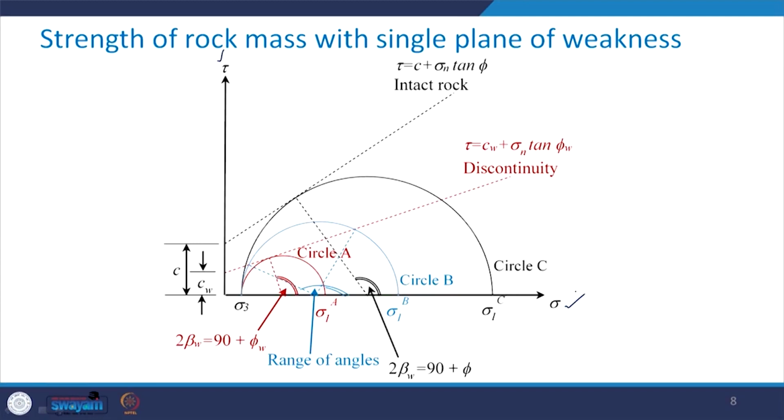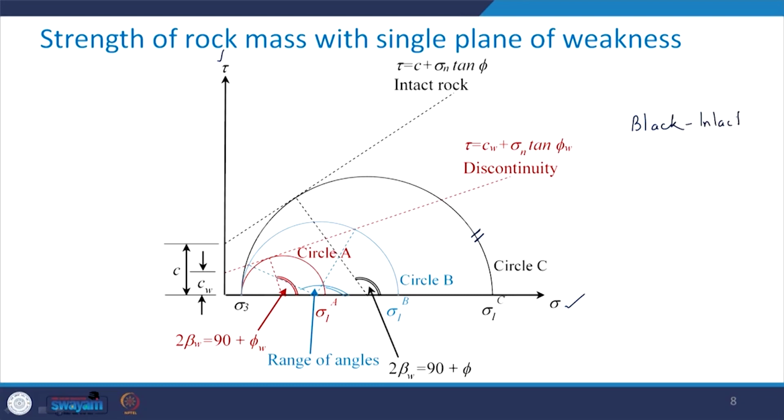Here you can see that there are 3 circles in 3 different colors. One is for the intact rock, given as black color.